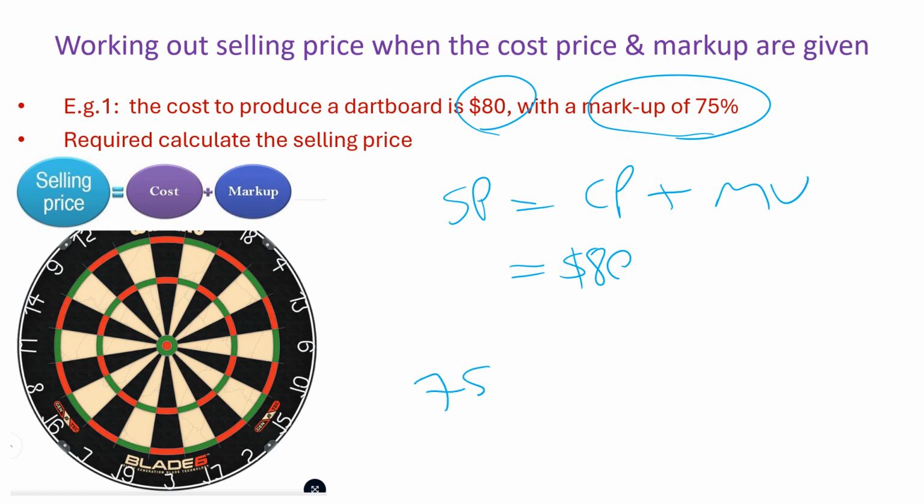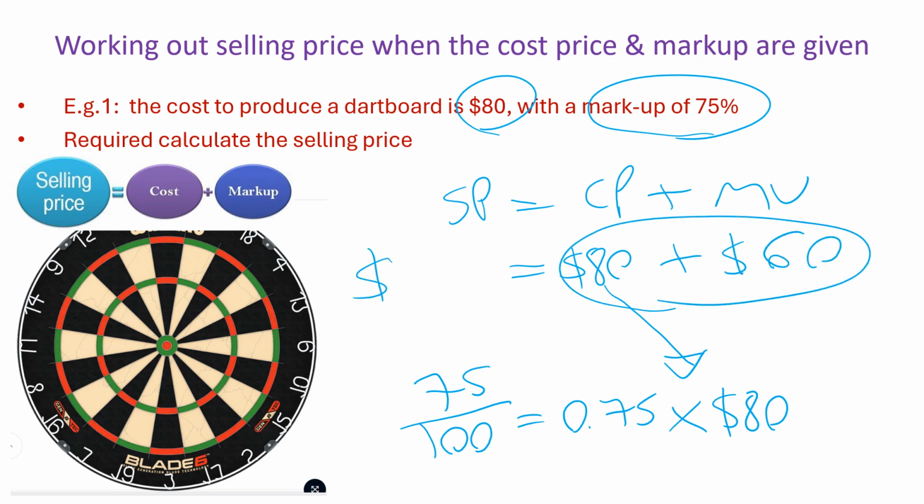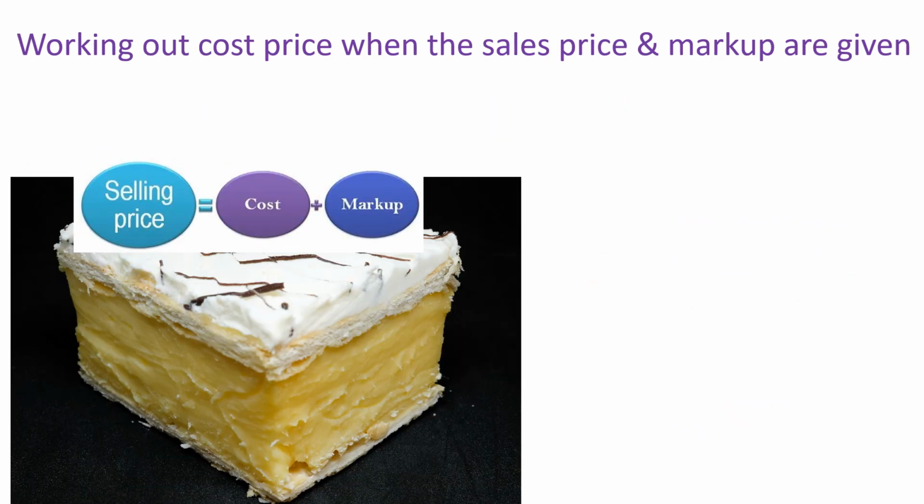So we go 75% over 100, always over 100, and which equals 0.75, and then we just times that by what we started with, our cost price. 0.75 times $80, or 3/4 of it, gives you $60, and then we just add these two together, and our sales price equals $140.